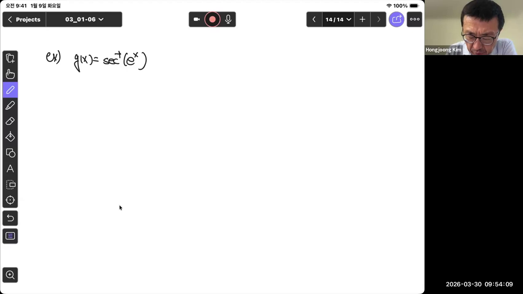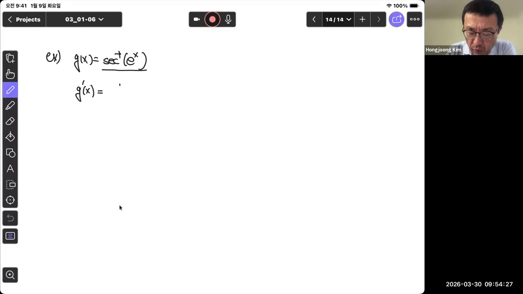If I differentiate this composite of two functions, I first apply the formula for the derivative of the inverse of the secant function, and then you evaluate that function at the inner function.